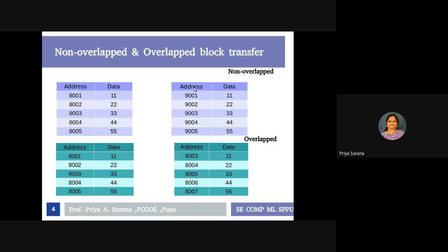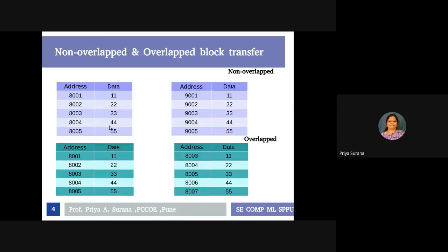Destination addresses start from 9001 to 9005. So the source and destination memory locations are different. The block of data from the source is transferred to the destination, so the same data will be transferred. Prior to transfer, the content of the destination may be different, but after transfer, source and destination content will be the same.